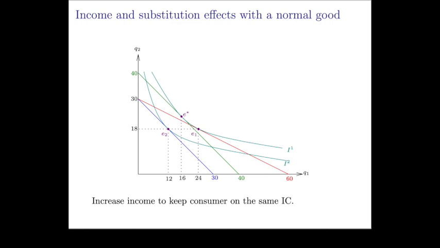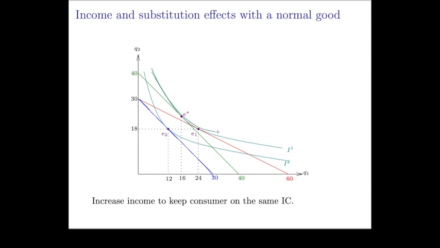How are we going to calculate the substitution effect? Well, let's do the following. This is a hypothetical. It's a thought experiment. Let's suppose we gave, at these new prices, we're going to increase the income of the consumer so that they come back to their original indifference curve.